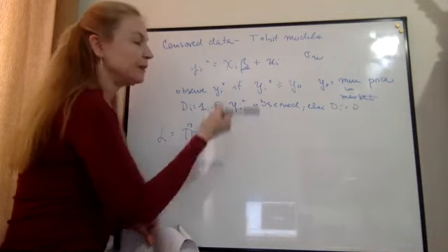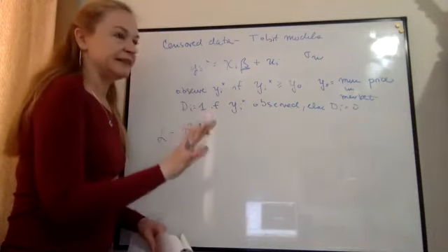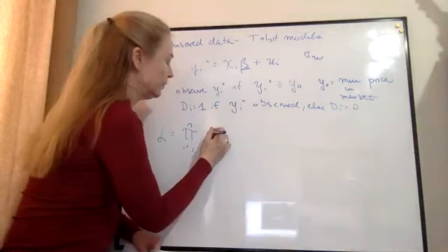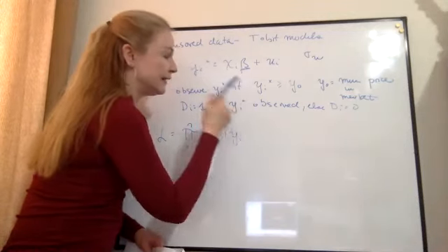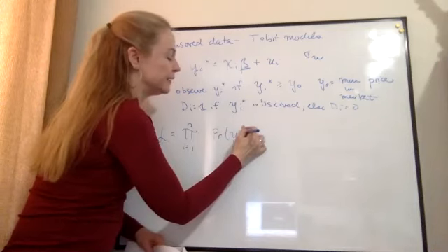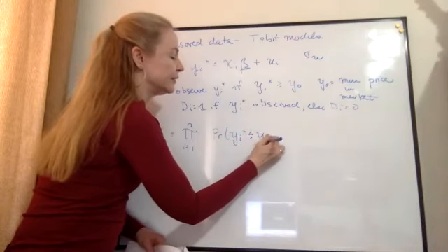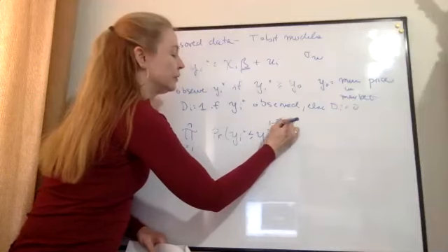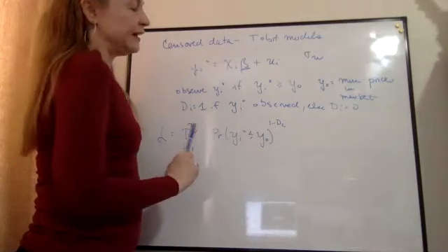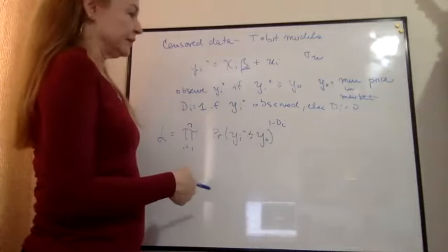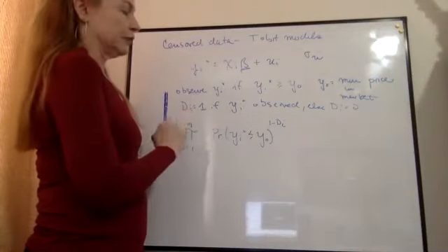So for the people where all you see is they didn't buy the good, all we know is that the probability that they don't buy the good is the probability that y_i star is less than or equal to y_0. And 1 minus d_i means they didn't buy the good, because we don't observe what they pay.